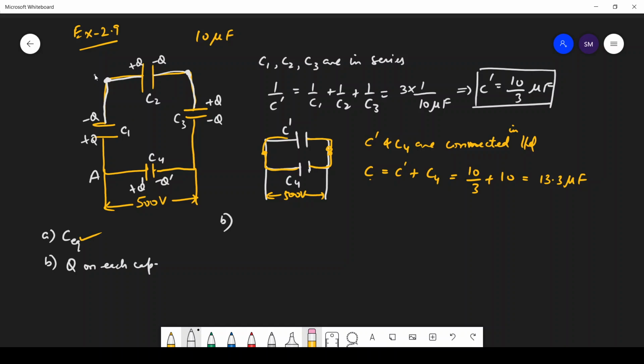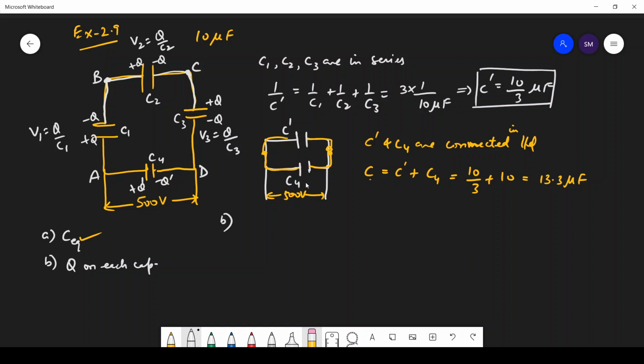Now for the potential difference, we have also marked the points A, B, C and D. The potential difference across AB is V1, and that will be equal to Q by C1, and here it will be V2, which is Q by C2, and here V3, that will be Q by C3.